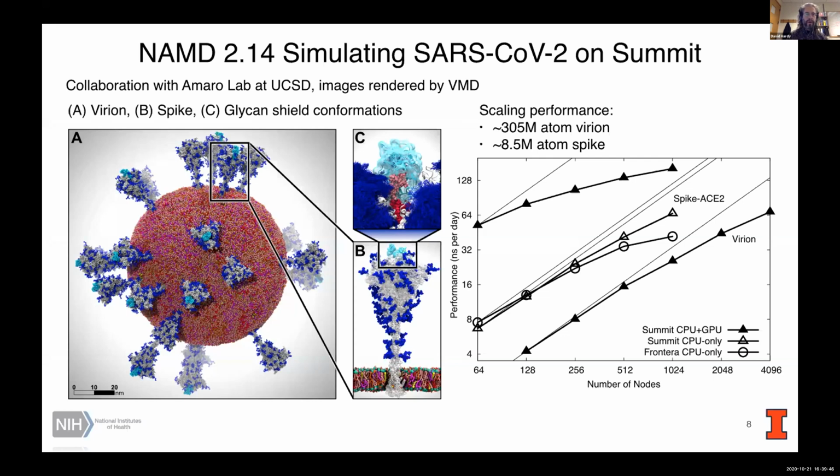And so these are some really nice results here, where they've done this scaling performance of this 305 million atom virion, and then we went ahead and scaled it across almost all of the nodes available on Summit, and what we saw is that we got reasonably good strong scaling efficiency for this application, so it continued to be about 50% efficient at the ends of what the resources that Summit provides.